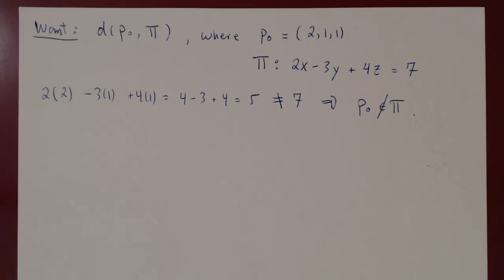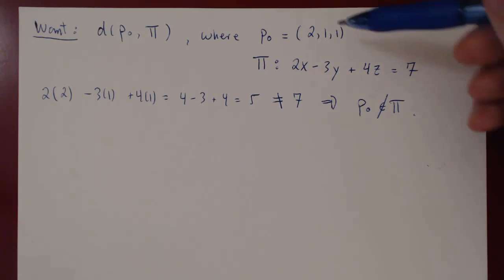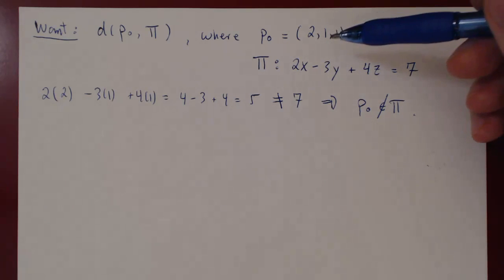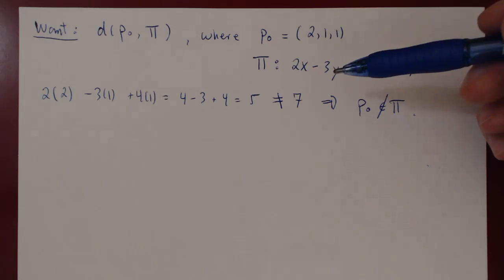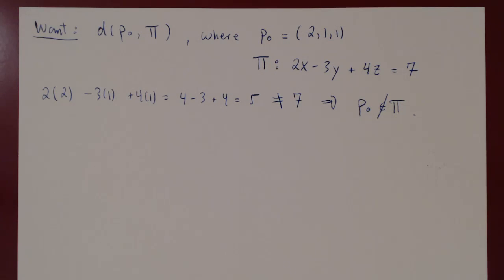And here's why. Think of it this way. Wherever the point P naught is in space, and wherever the plane pi is in space, you can always revolve the space so as to view the picture as the plane being horizontal and the point P naught being on top of it. So you can draw a very generic picture, keeping in mind that this is what you would see after revolving the space in the appropriate fashion.